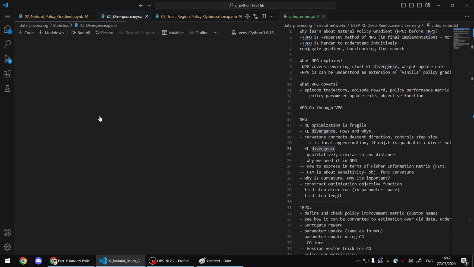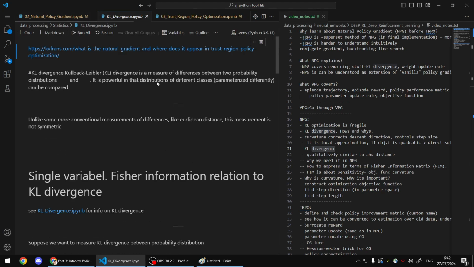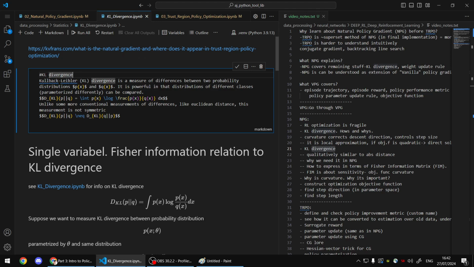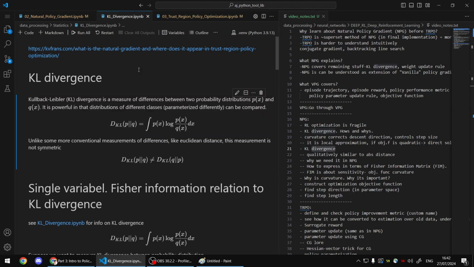I hope you've at least heard what KL divergence is, but it's basically a measure of how different two distributions are.